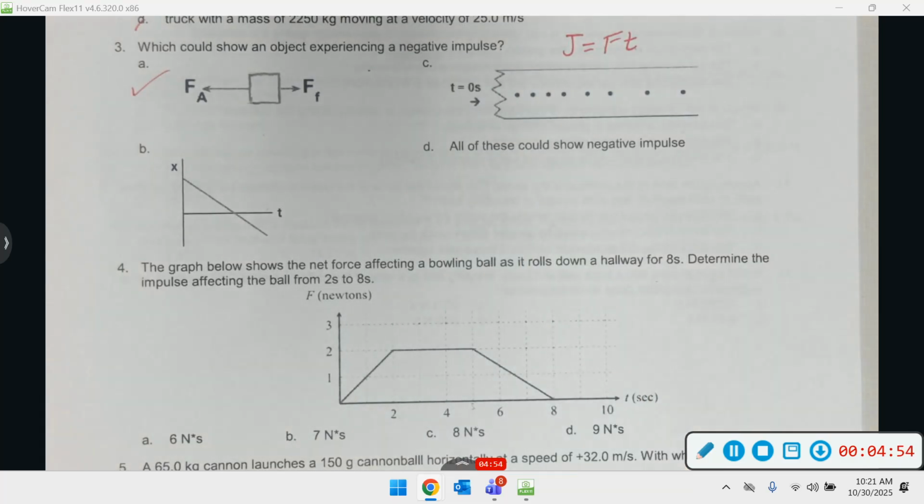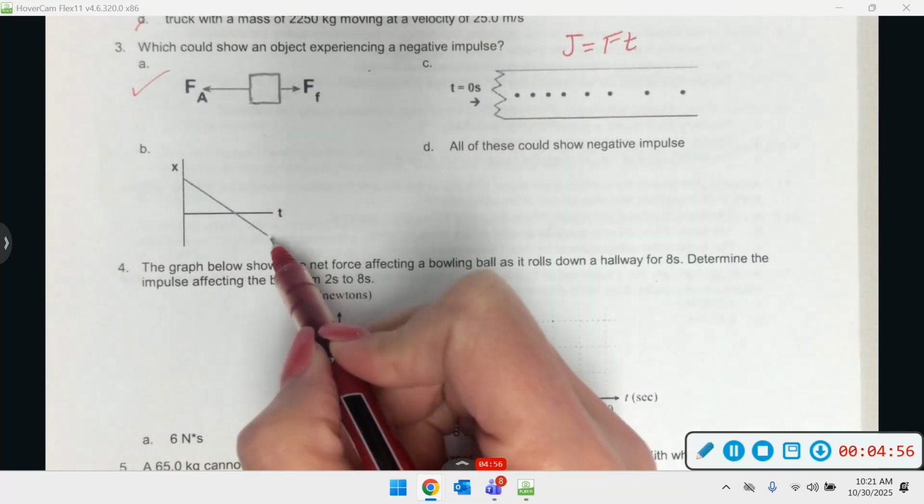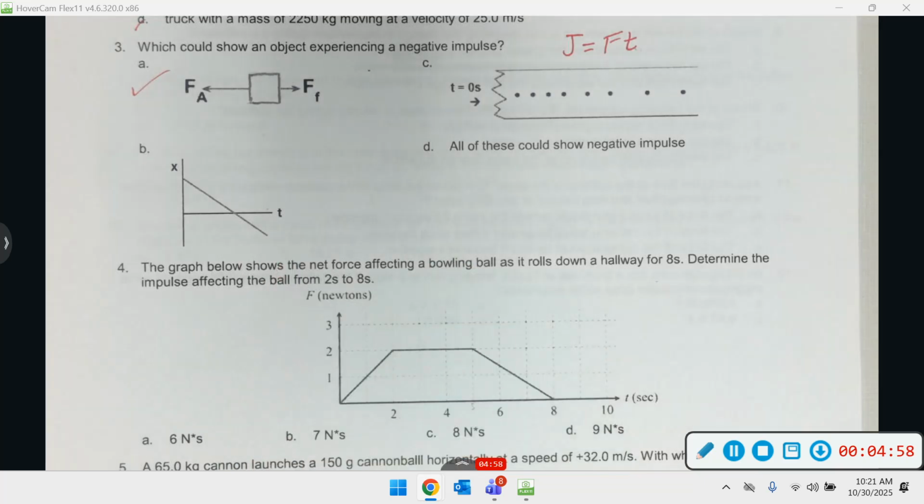If we look at answer choice B, although this graph has a negative slope, this is an XT graph. This is a position time graph. A negative slope on a position time graph just tells me I'm going backwards. That's it. If the slope changes and I have a curve, then we have acceleration. I don't have that.